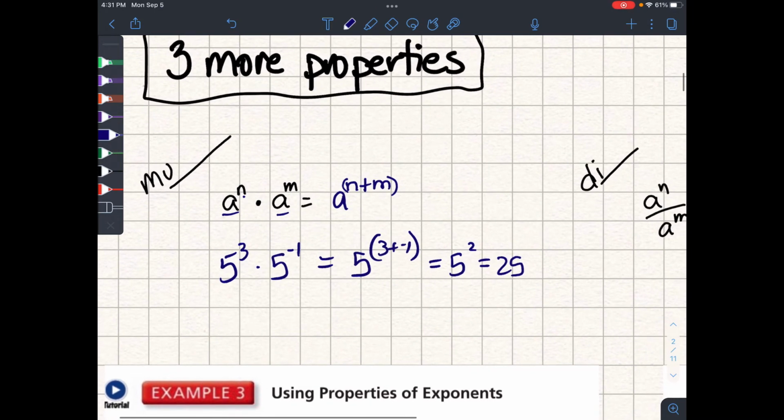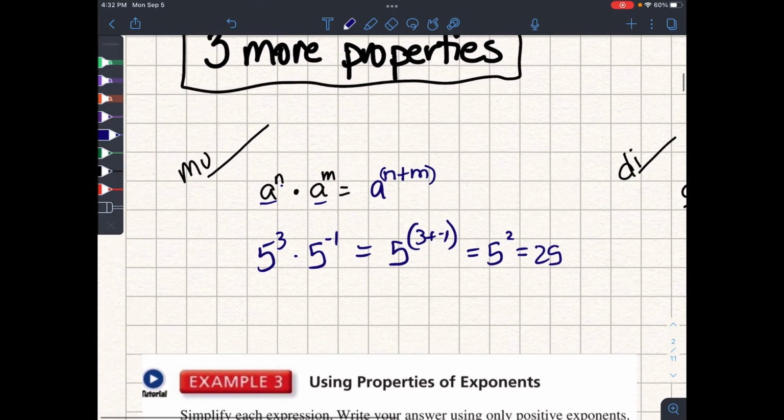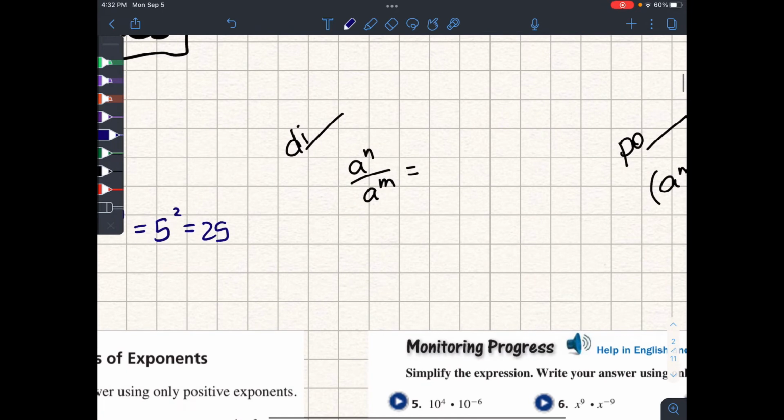All right, that is the multiplication of exponents property. Some people call that the product property. But it's when you're multiplying with a common base. Same thing, but this time now when we are dividing with a common base, notice they both have a common base of a.